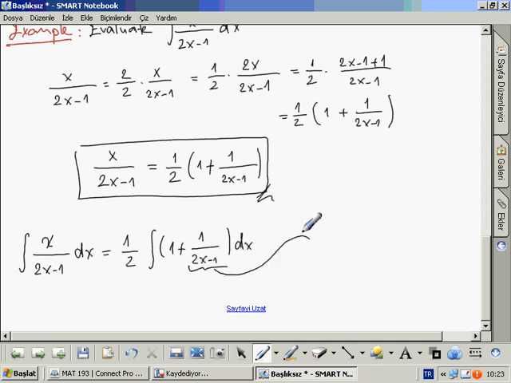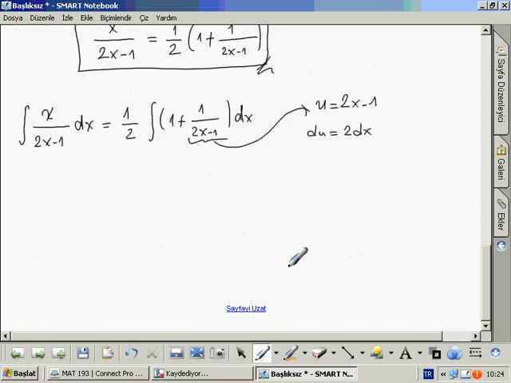For this part, let u equal 2x minus 1, so du equals 2 dx, and after that the result is x over 2 plus 1 over 4 times ln of the absolute value of 2x minus 1, plus c.